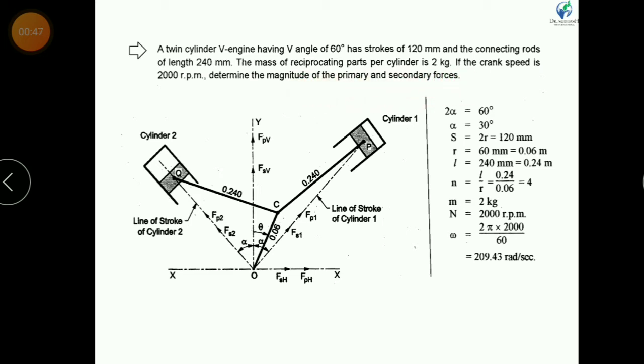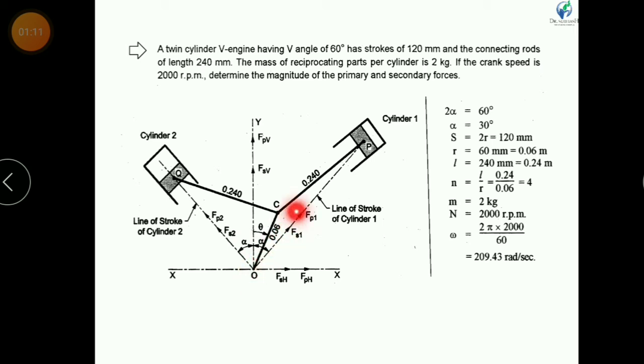So let us consider the V engine. Let us consider OX is a horizontal axis and OY is a vertical axis. Now here the V angle for the twin cylinder V engine is 60 degree. So we consider this angle is 2 alpha, it is 60 degree.